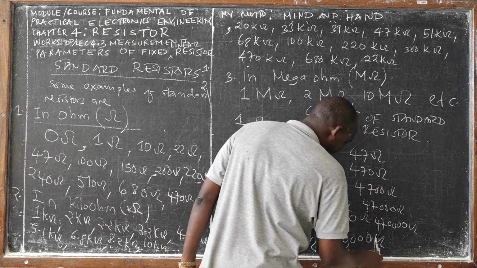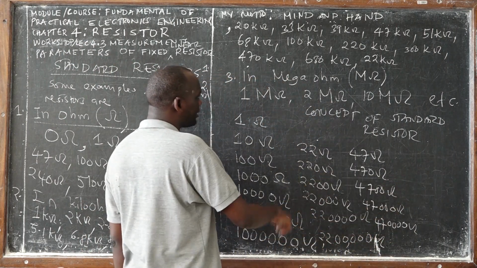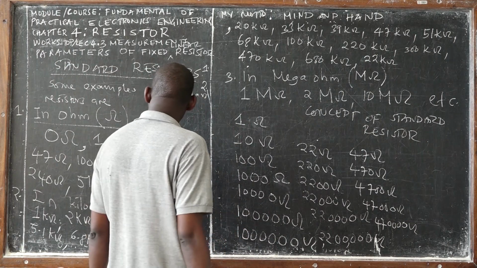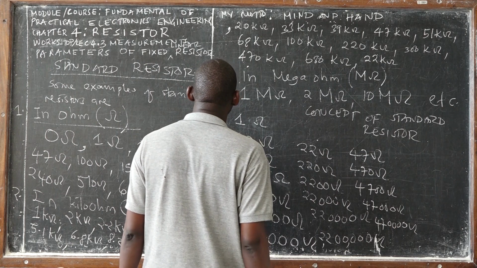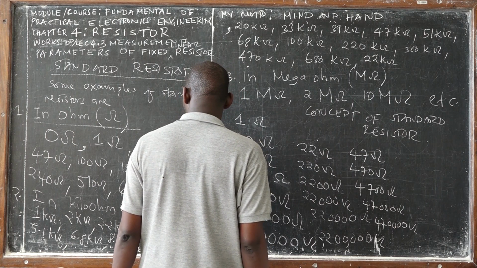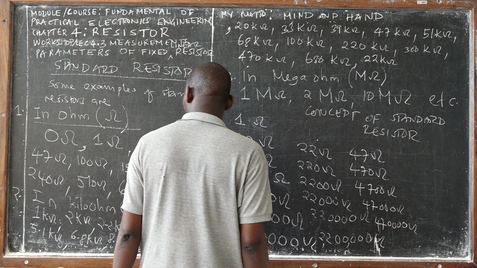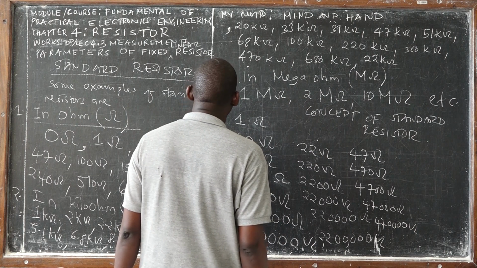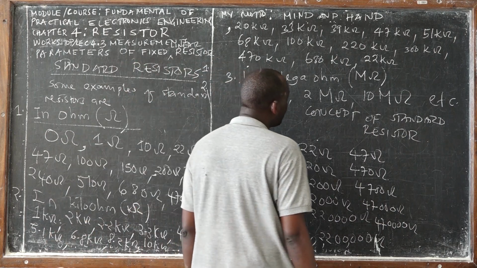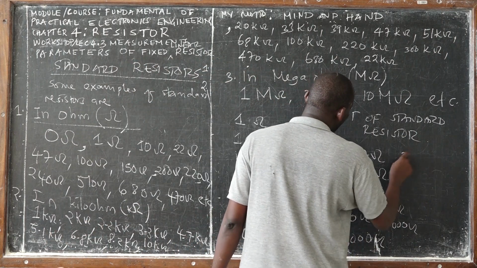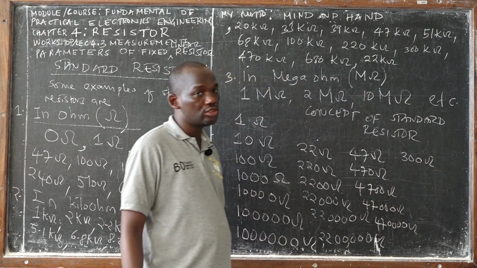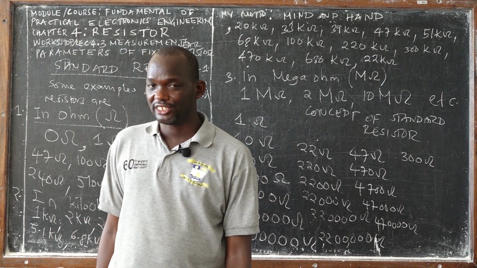And then we say that, okay, I'm not sure if there is a mega ohm of that one. The next number is what, class? The next number is 300. I don't know if you have a resistance of 30 ohm.